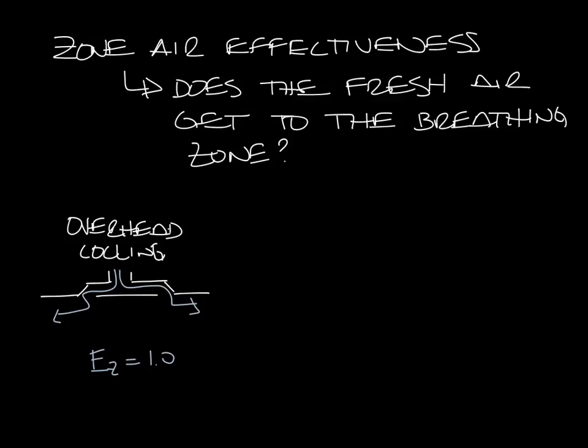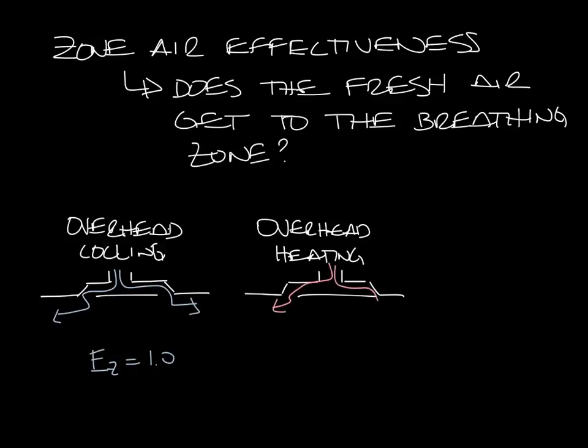On the other hand, overhead heating depends on a couple things. So again, another diffuser, this time we're in heating. So if your temperature differential from the supply air to the room temperature, delta T, is less than 15 degrees, so say 90 degree air in a 75 degree space, then your E sub Z is 1.0.